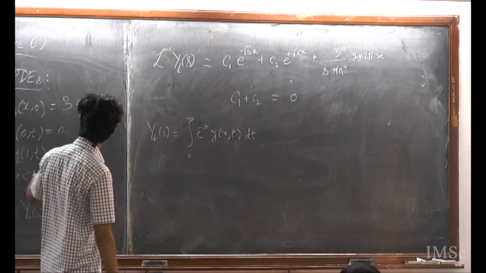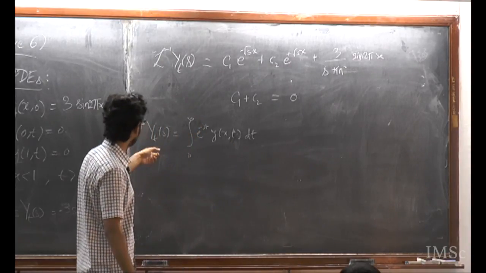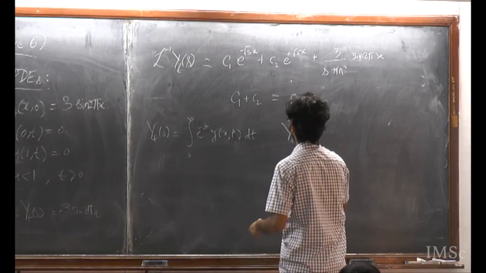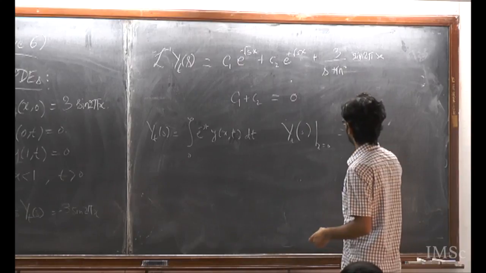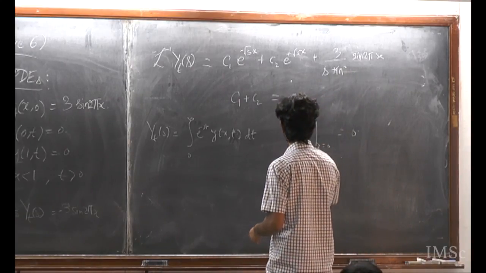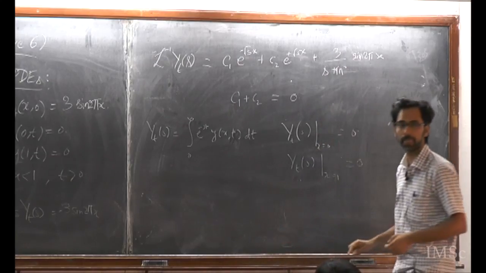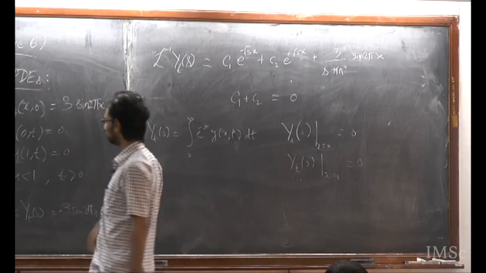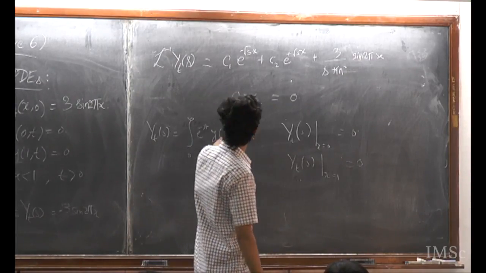But if you put x equals 0, then this is 0. So Y(0,s) is 0. Similarly, Y(1,s) is also 0. So it really depends on the values of small y. So yeah, this is correct.